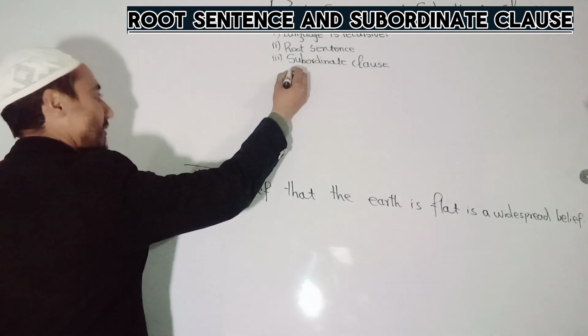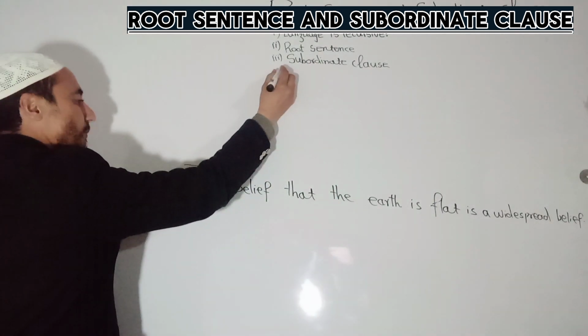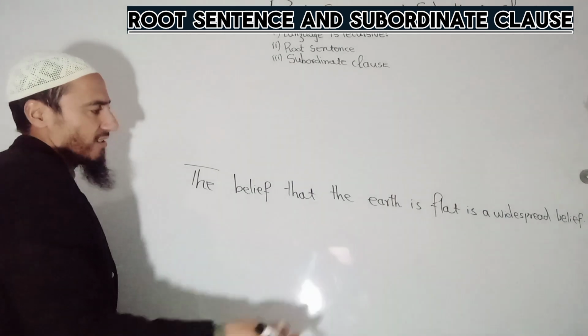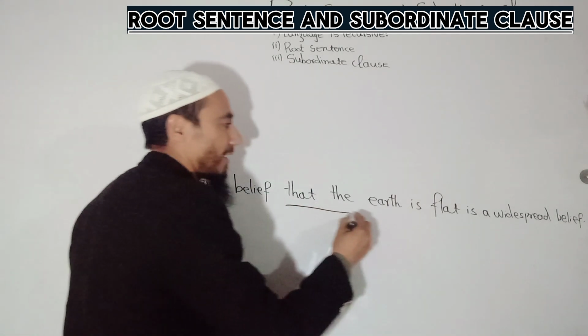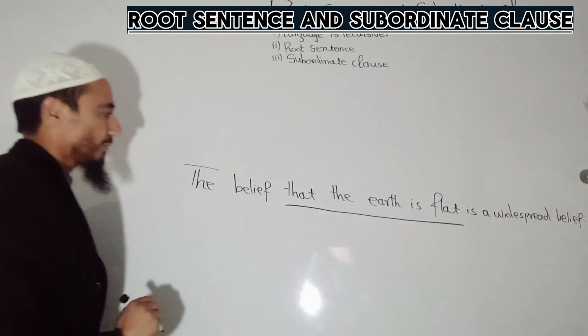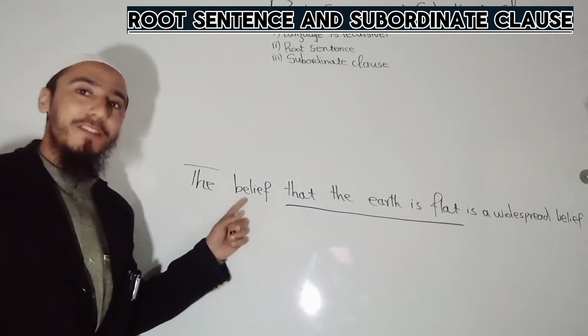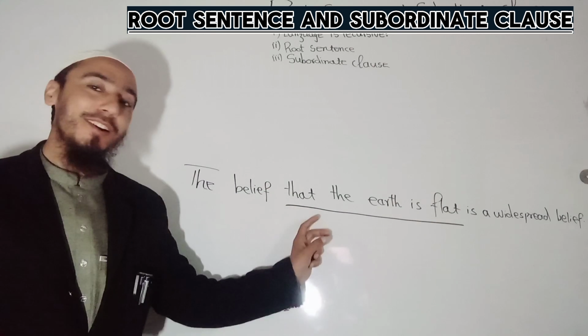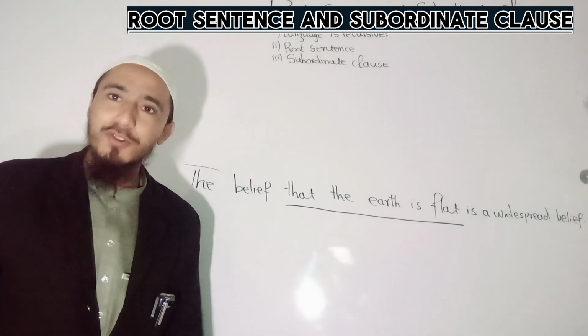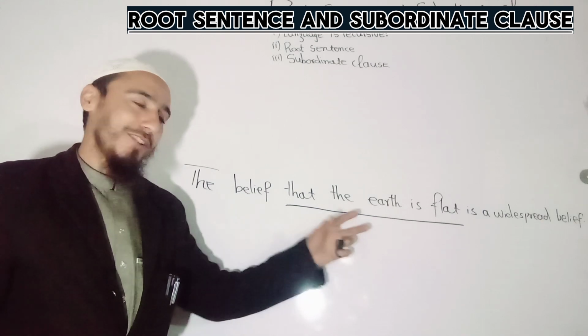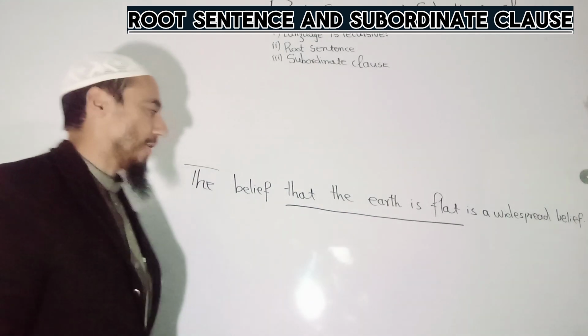Now let's take the tree structure of it. What is the subordinate clause in it? "That the earth is flat." So here you see "the belief" is a noun phrase, and the subordinate clause comes directly after NP.